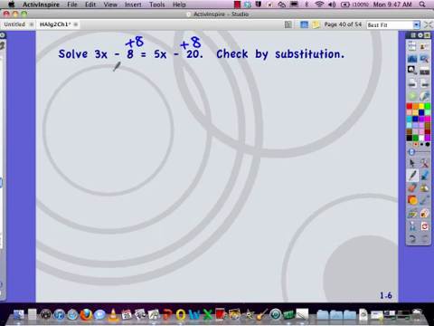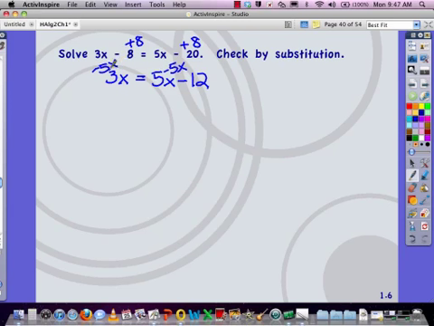That would leave us with 3x equals 5x, and negative 20 plus 8 is a negative 12 remaining. Now we would move the x's to the same side, so let's subtract 5x from both sides.